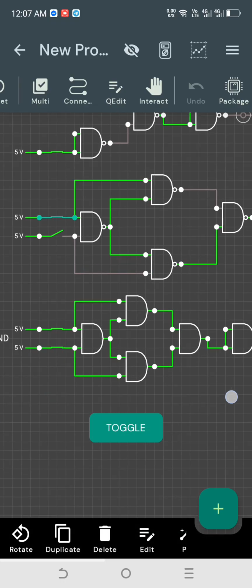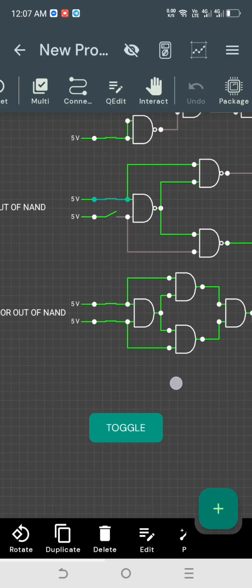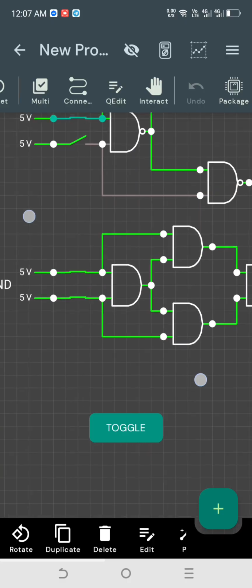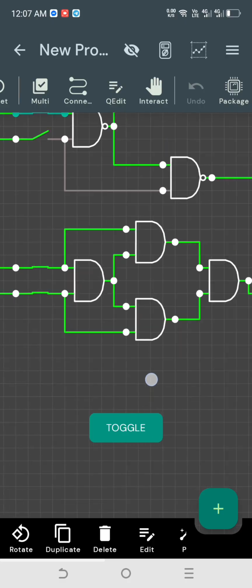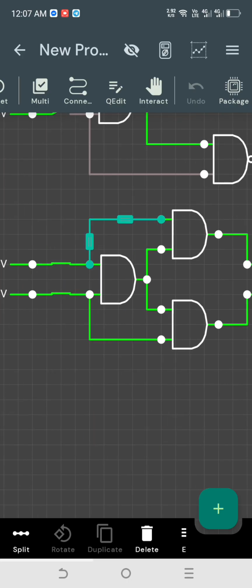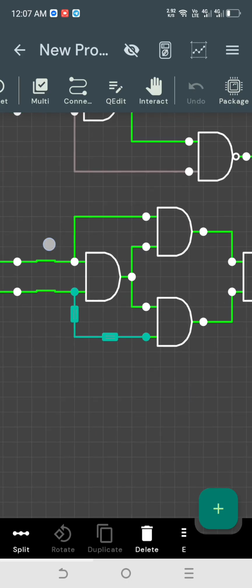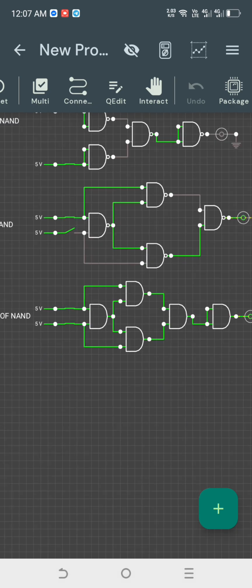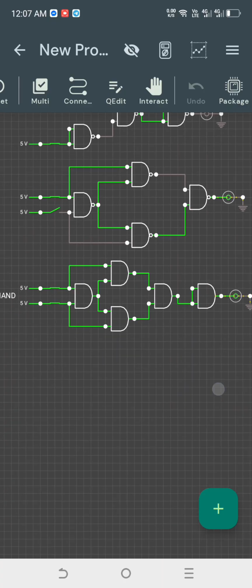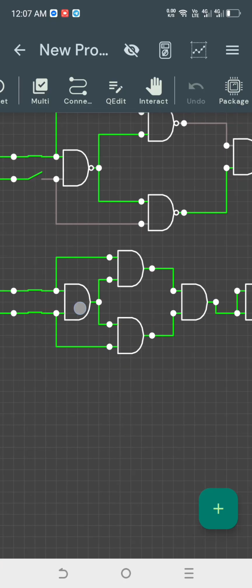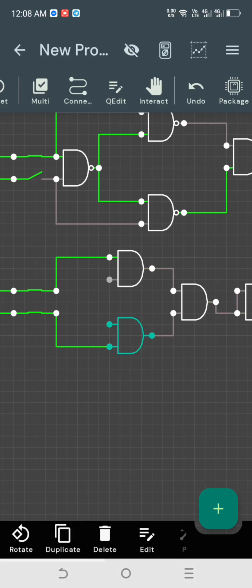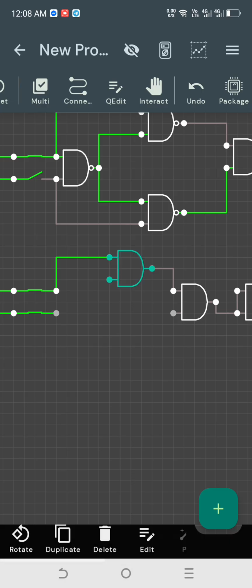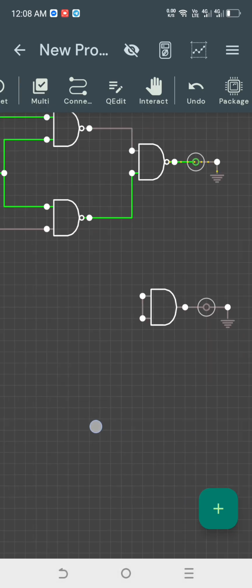Now for the last thing, XOR out of NAND. Alright, XOR out of NAND. This one is 1, this one is 1. The output, hmm, let's see. Oh wait, this one is wrong. This is not the correct gate that we're using.